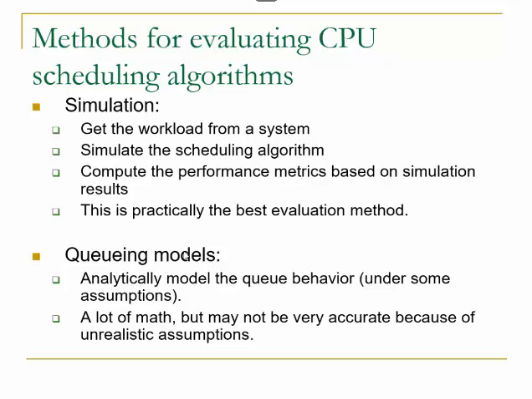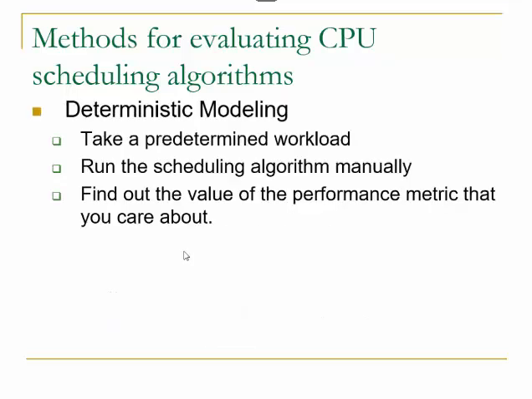The second method is the queuing model. In this model, the behavior of the queue is analyzed under some assumptions. This method needs a lot of mathematical calculations and it may not be accurate because it uses some unrealistic assumptions. And the third is deterministic modeling.